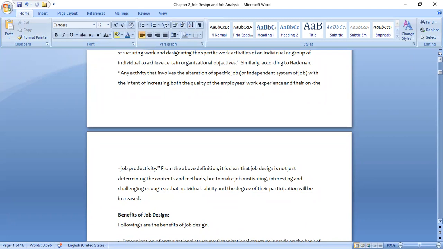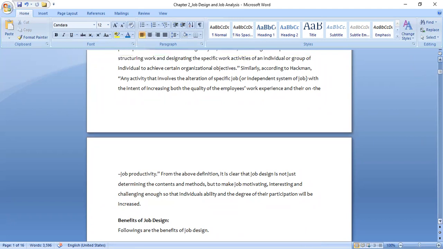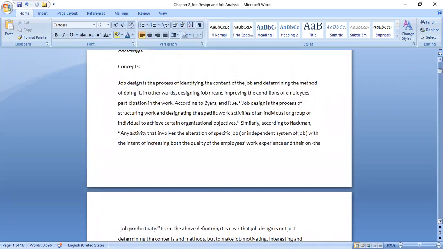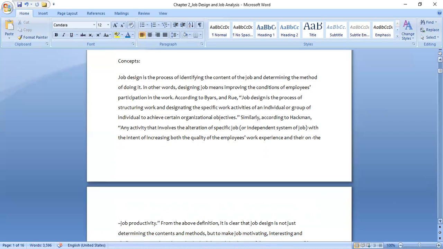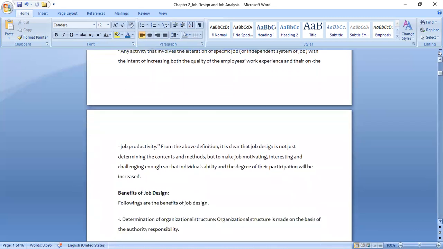So with job design, we are looking at what is entailed in this job, what content is entailed in this job. We look at what would be the method of doing this job, what the content requirements are, and how this job will be carried out, right? So basically that is job design.